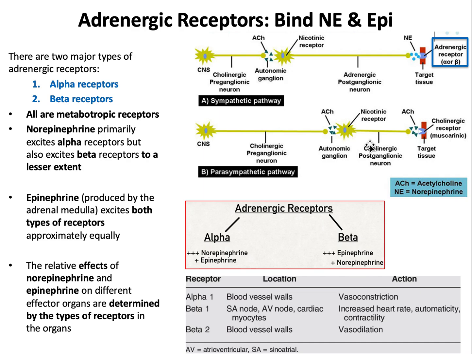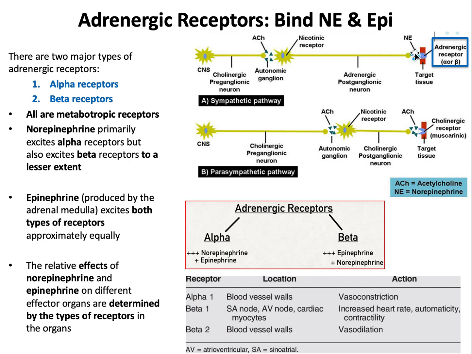And then adrenergic receptors. Remember, here's our sympathetic pathway. The preganglionic neuron is cholinergic, secretes acetylcholine, which will bind to the nicotinic acetylcholine receptors, which are ionotropic, on the postganglionic neuron, which is always excitatory. Action potentials get sent down this adrenergic postganglionic neuron, which will secrete norepinephrine.